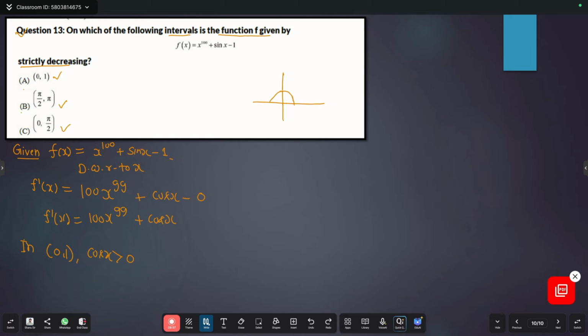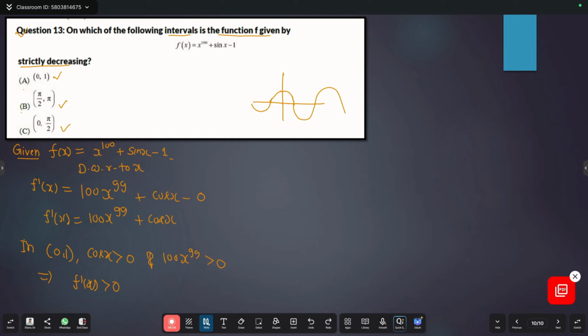So 0 to 1 means somewhere here, the graph is above the x-axis. In 0 to 1, cos x is positive, and also 100 x to the power 99 is positive. Both are positive, so the sum of positives is positive. It implies f dash x is greater than 0.